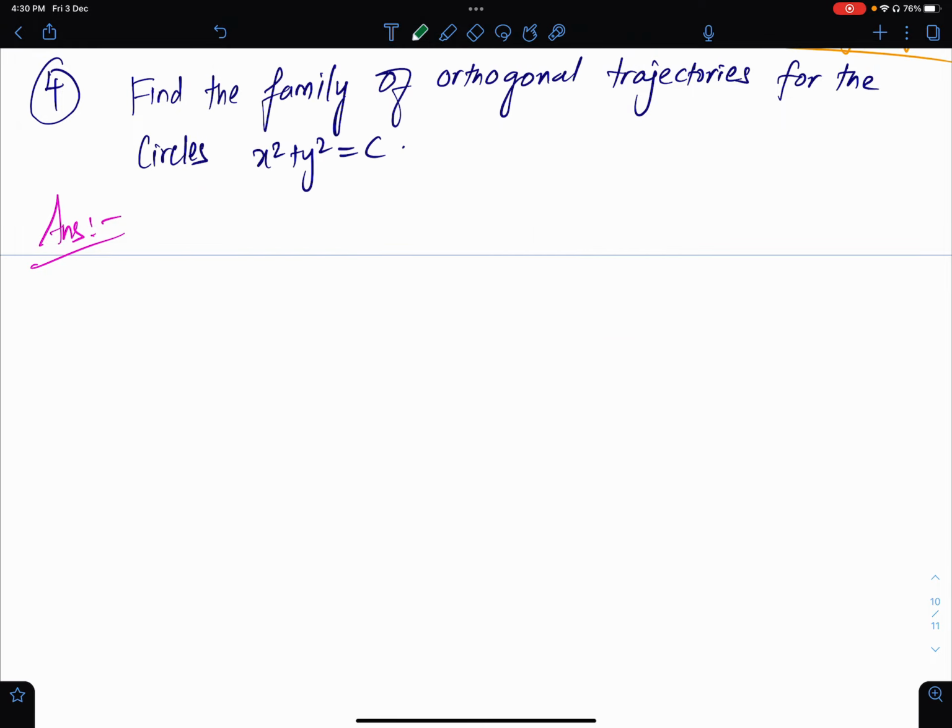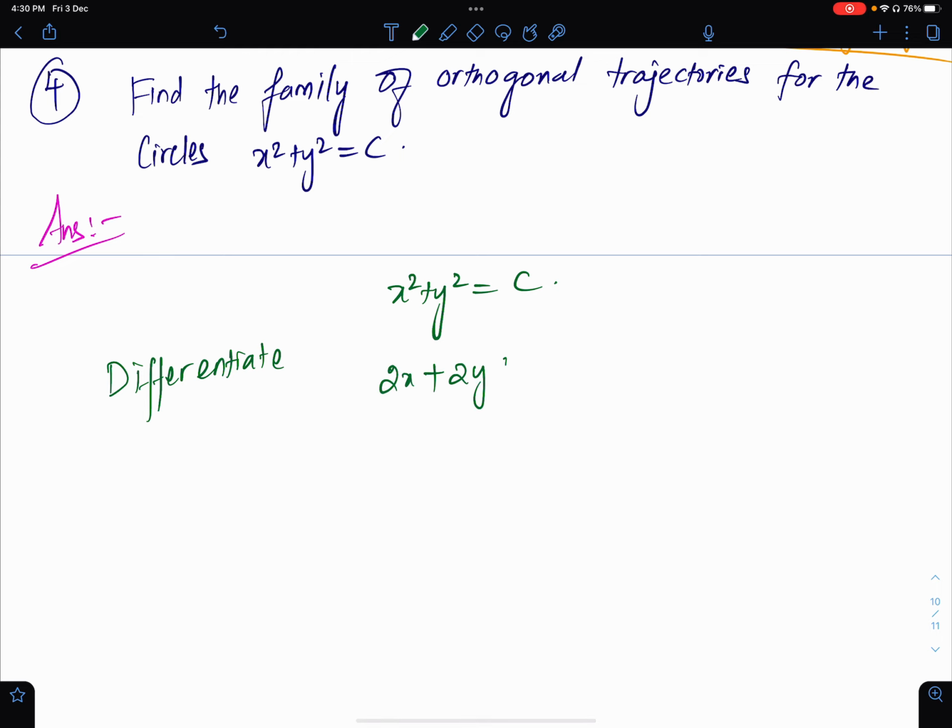So take the given equation x squared plus y squared equal to c. Differentiate both sides, the same story. The derivative of x squared is 2x. The derivative of y squared is 2y dy by dx, equal to 0.